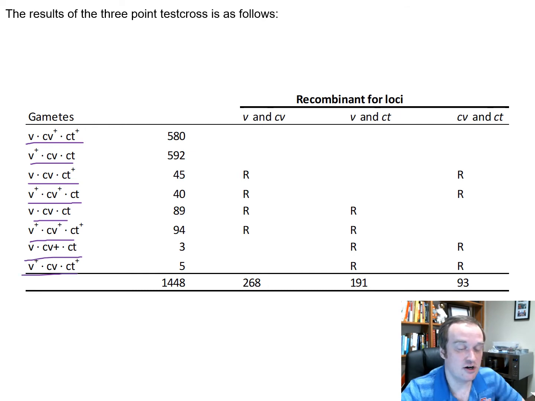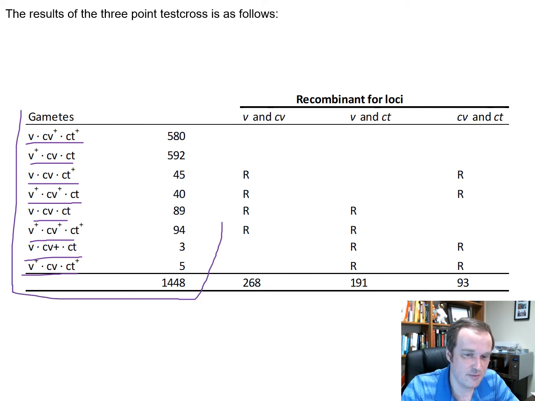And so those are 8 possible combinations of those genes from those parents. And so in a test question, I'll give you this table, but not with the R's. I'll get to the R's in a second. But you'll have generally this information right here given to you.